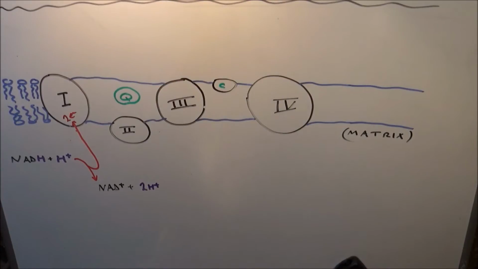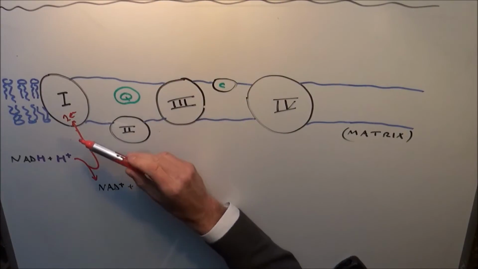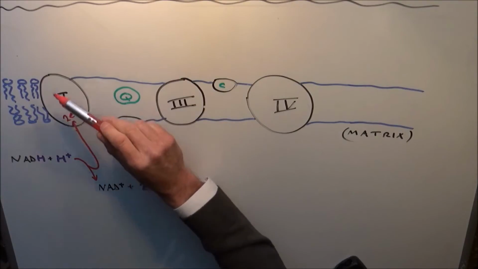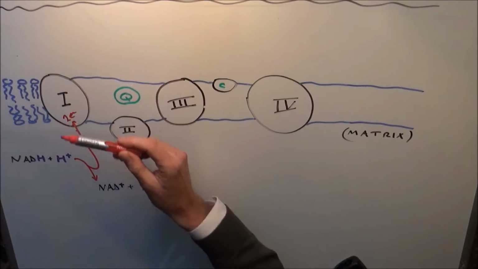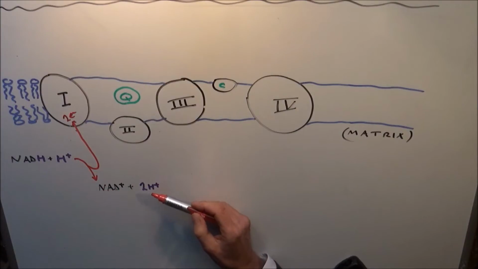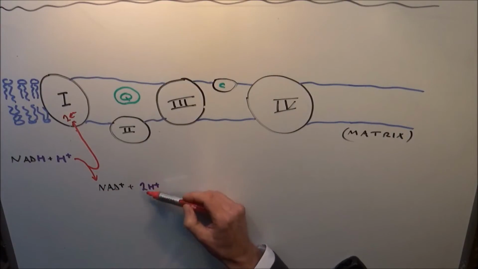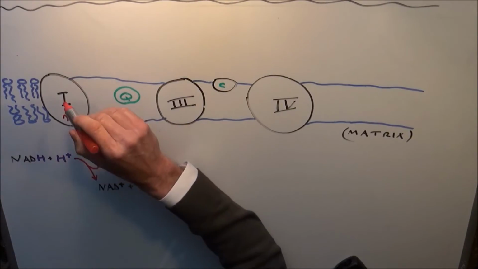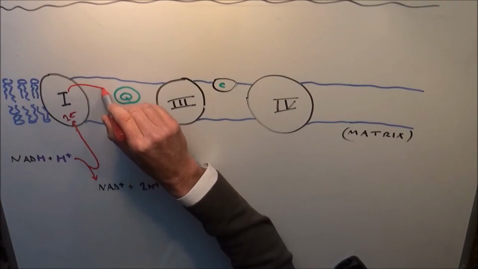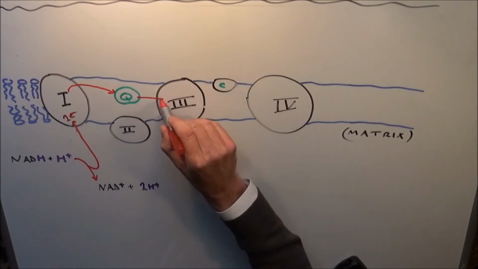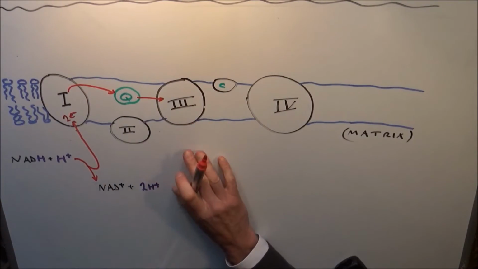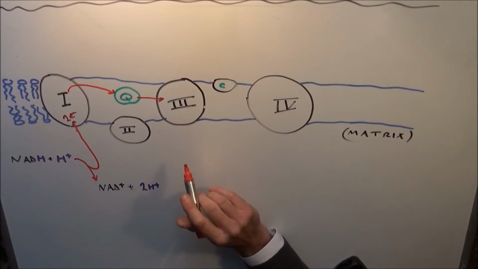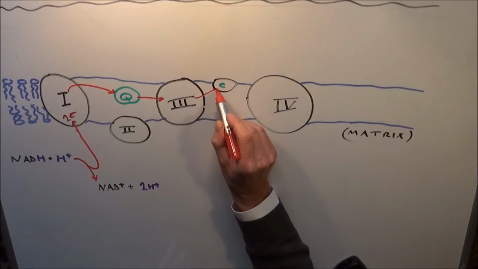So the electrons come off and they get delivered into complex 1. Now I'm going to show you in a moment that during this process protons end up being transferred across the membrane. But just for the time being we'll put these protons here because it's more than just two protons that get transferred. But the point is, it's only the electrons that get carried along the chain. There are some positions in the electron transport chain where protons are also involved, but in the main it's electrons only that get transferred.